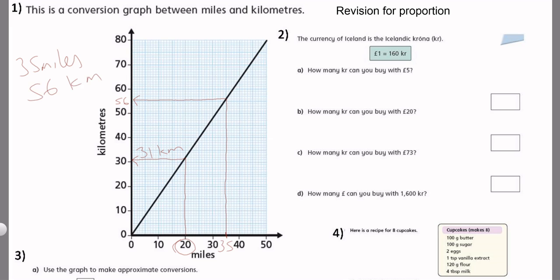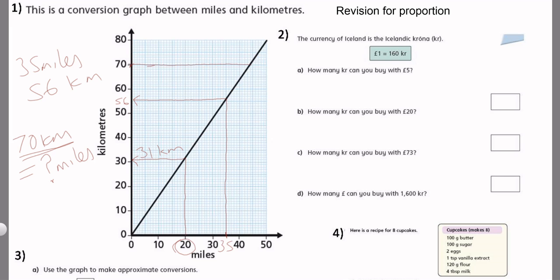Let's suppose I want to change this time 70 kilometers into miles. So locate 70 kilometers. 70 kilometers is right there. Using a ruler, draw a straight line. Then hit the graph.